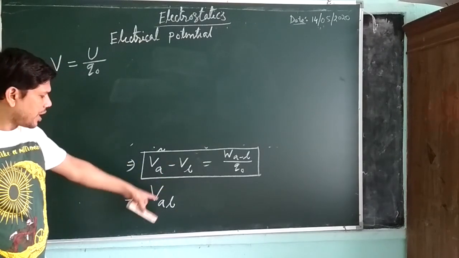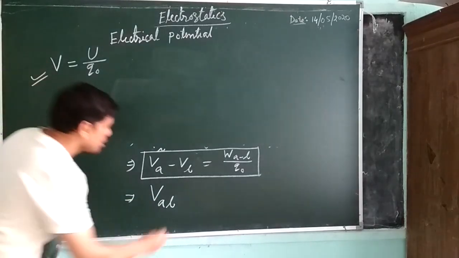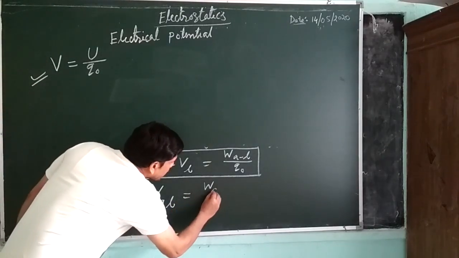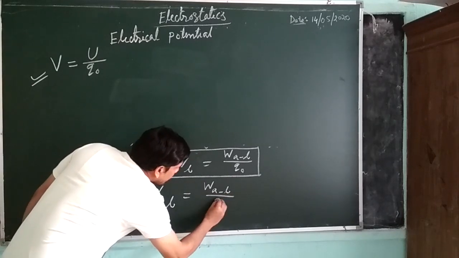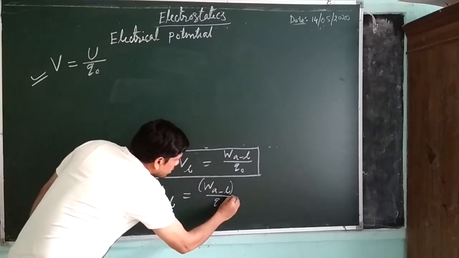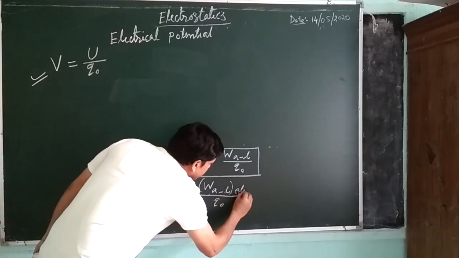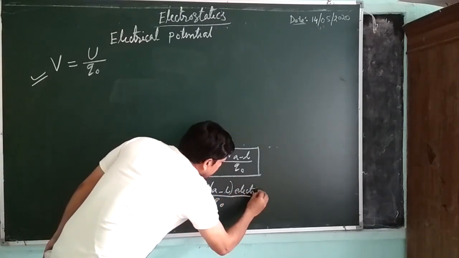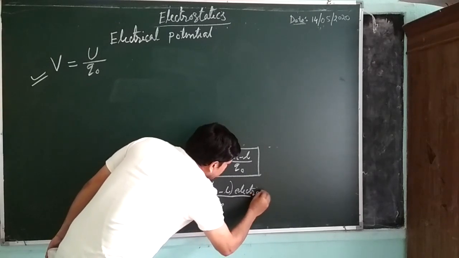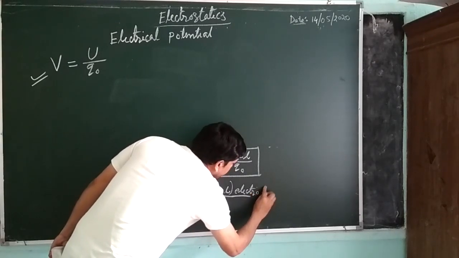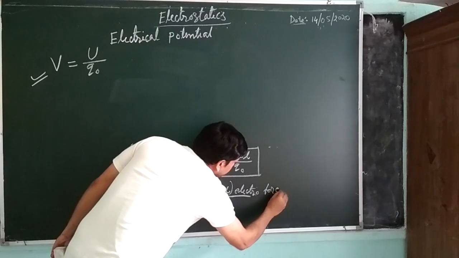This can be written as VAB equals WAB by Q naught, where WAB is the work done due to the electrostatic force.